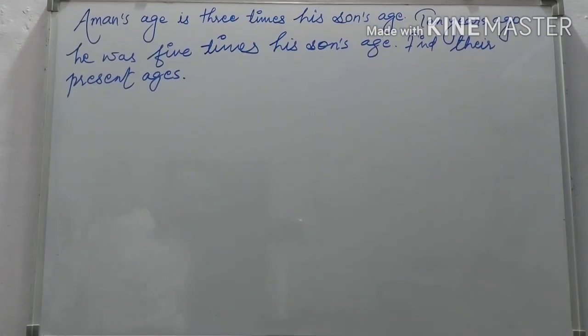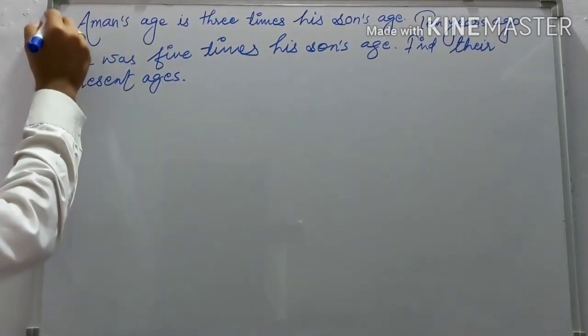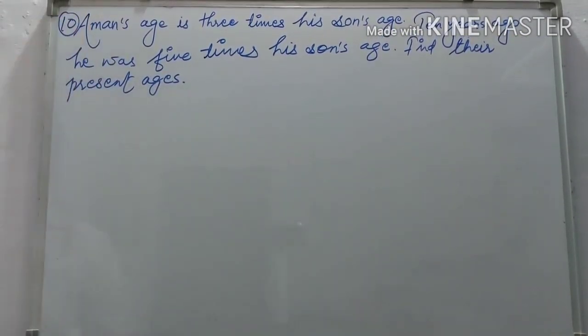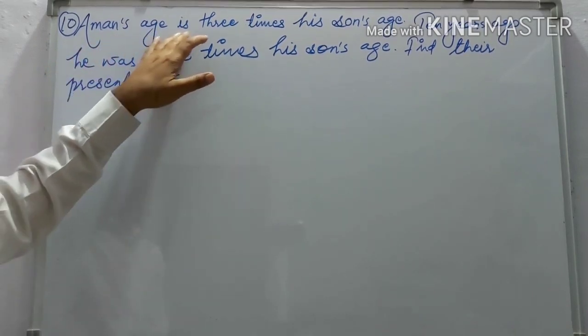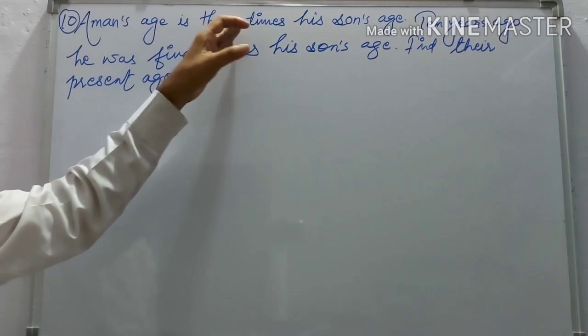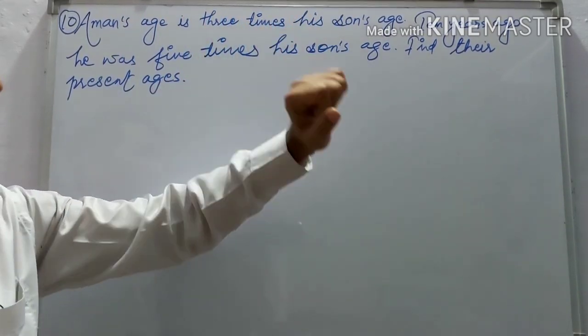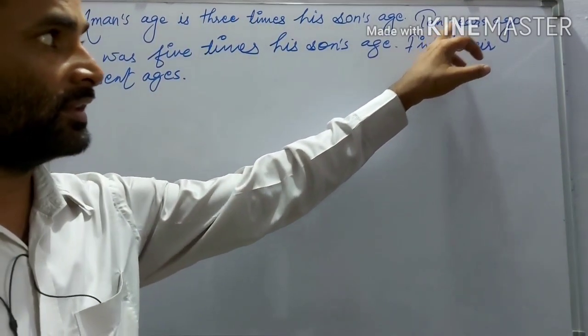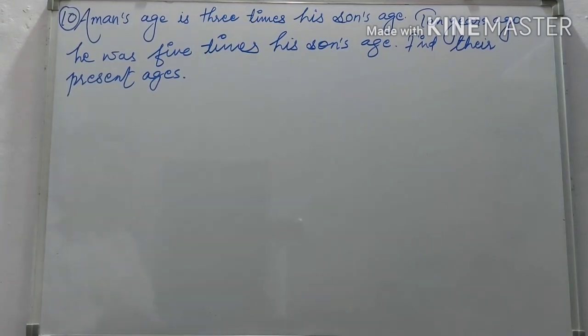Okay, now start question number 10. Aman's age is 3 times his son's age. 10 years ago means this is in the past.